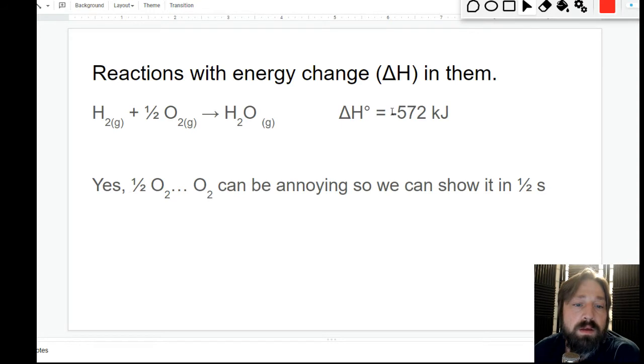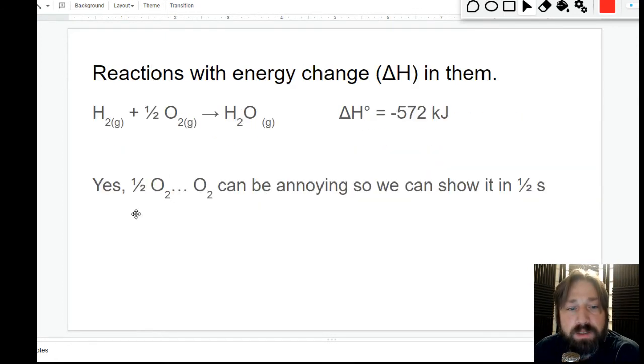Think about the hydrolysis of water, basically splitting water into oxygen and hydrogen gas. You can do this just with a 9-volt battery. We're putting energy into it, so it's absorbing energy in order to go in the reverse direction.